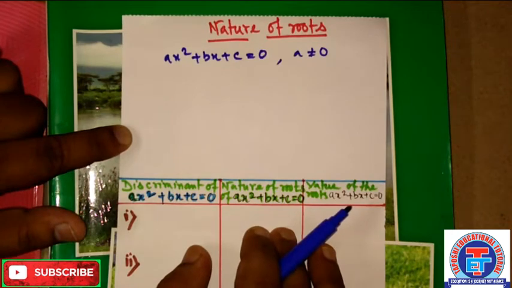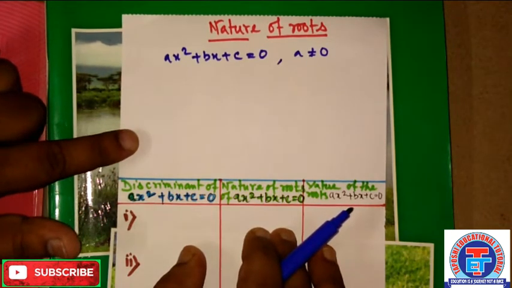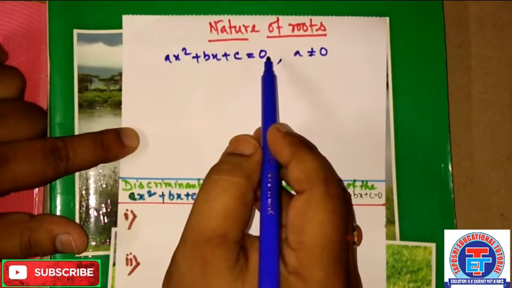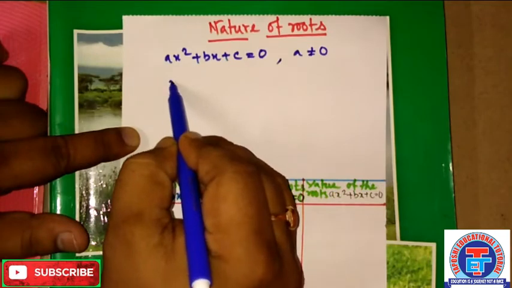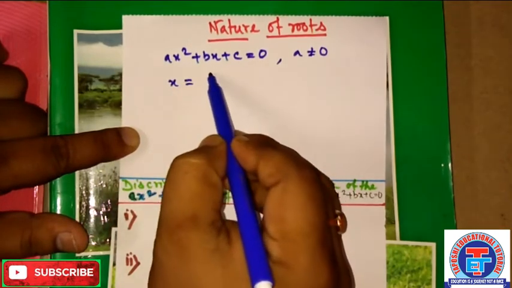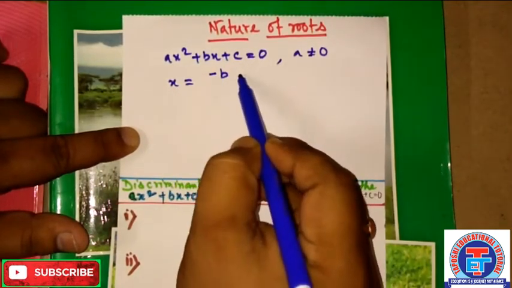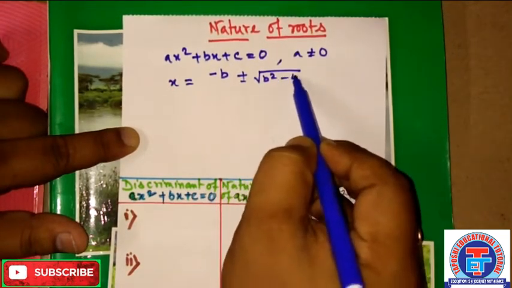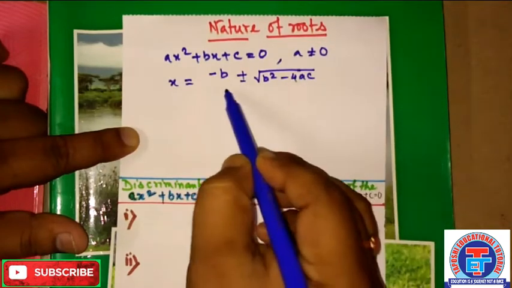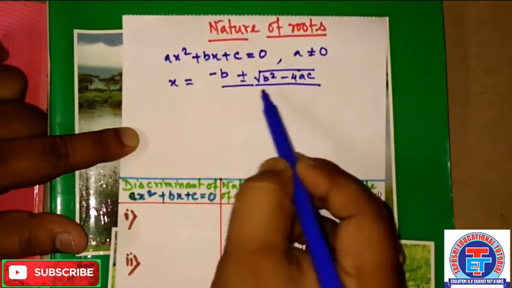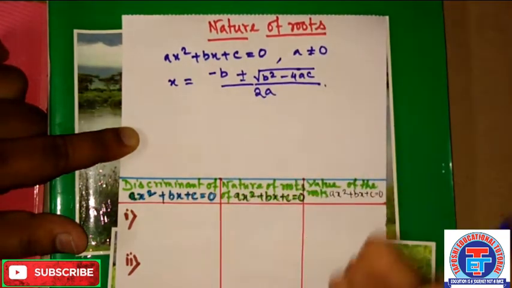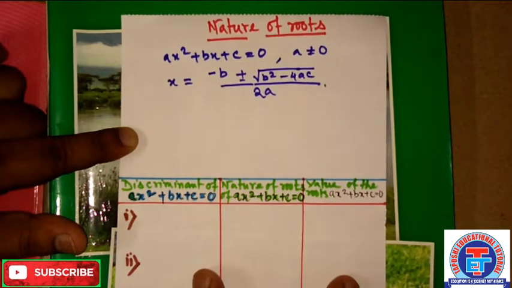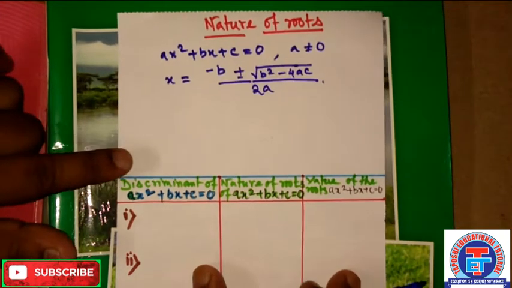We know the roots of the equation are given by x is equal to minus b plus minus root over b square minus 4ac divided by 2a. Now we understand the nature of roots by the table.